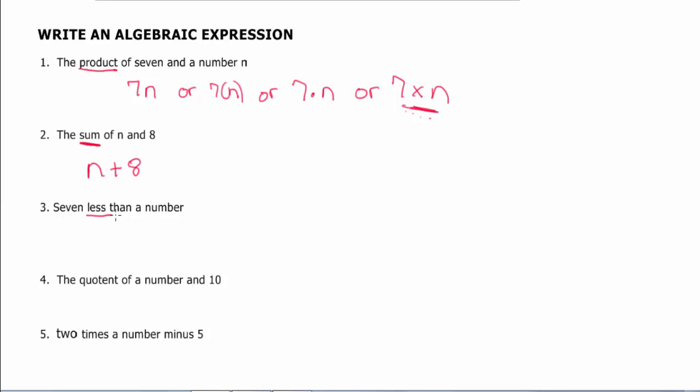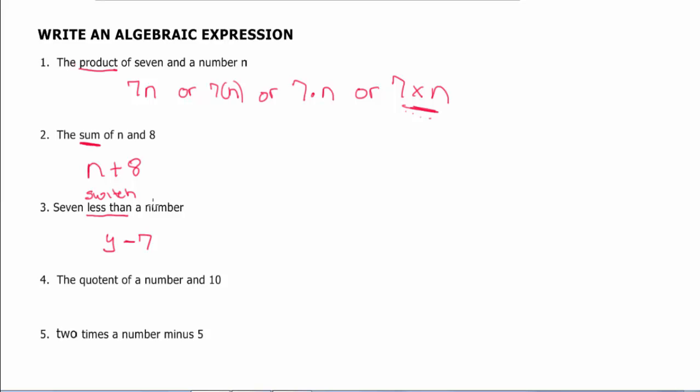7 less than a number. When you see less than, you need to think switch. You can use any variable you want, first of all. So let's use y. It needs to be y - 7, because it's 7 less than a number. If it said 7 less than 10, then it would be 10 - 7.